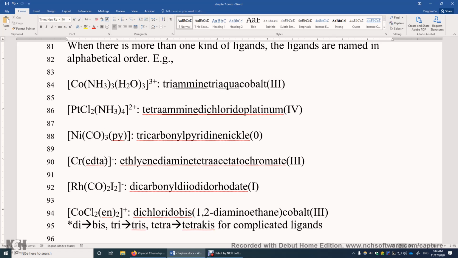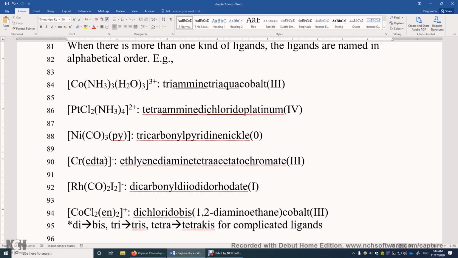The name of EDTA is ethylene, so you have CH2, diamine. So on the 2 ends of CH2, you need to put 2 nitrogen atoms there. And then tetraacetato. Tetraacetato means you have 4 acetate.